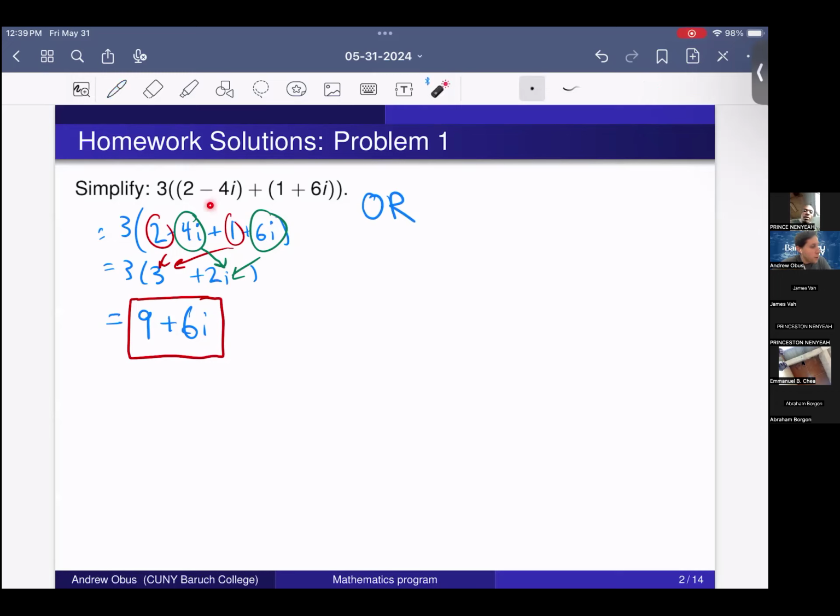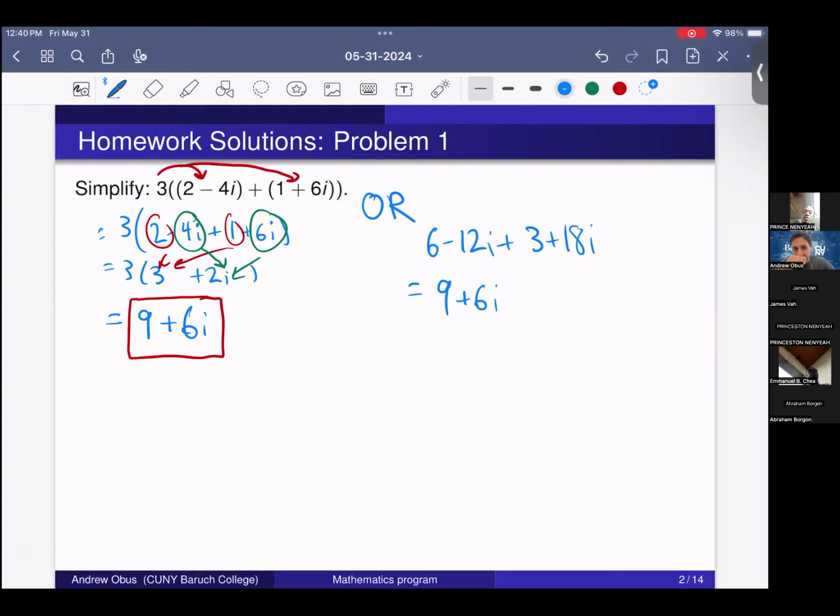So you could do first the 3 times 2 minus 4i, which gives 6 minus 12i, and then plus the 3 times 1 plus 6i, which gives 3 plus 18i. That would give us 6 minus 12i plus 3 plus 18i. If you simplify this out, you again get 9 plus 6i. So this way works also, and you get the same answer.